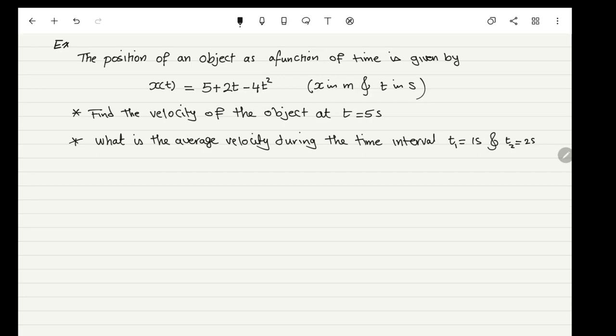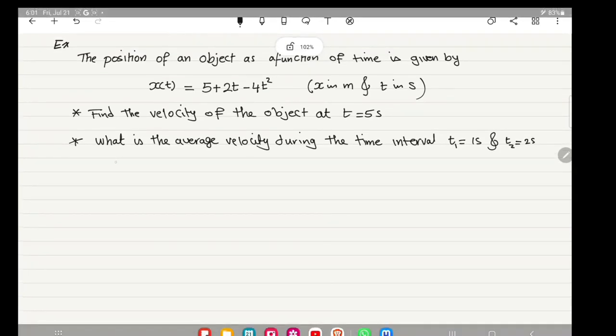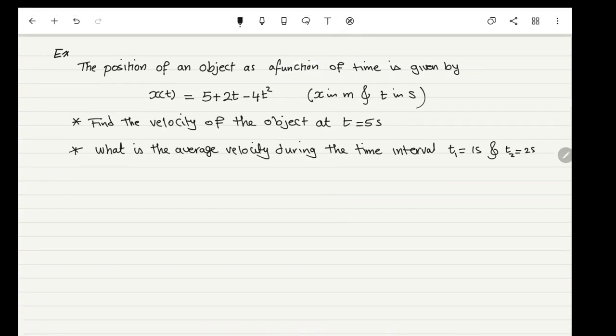Now, to find the instantaneous velocity, we need to find the derivative: v equals dx by dt, where x equals 5 plus 2t minus 4t squared.